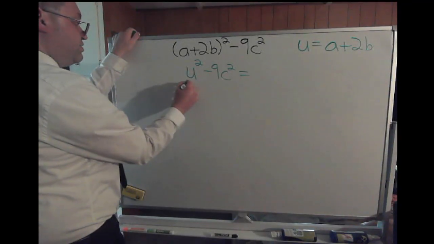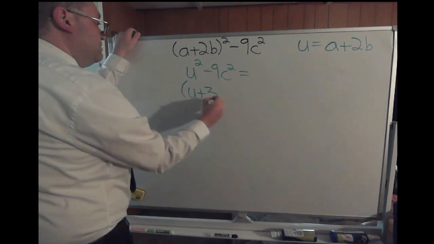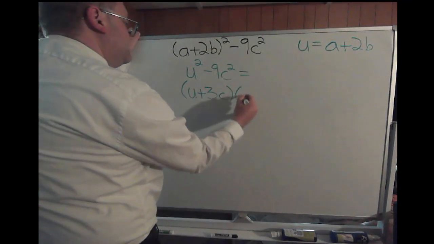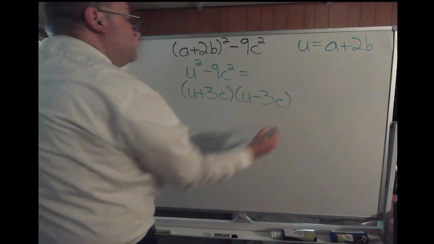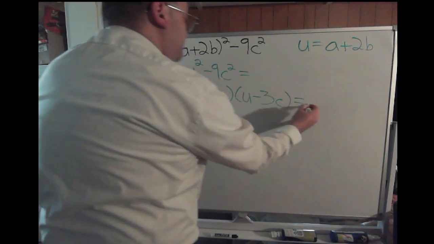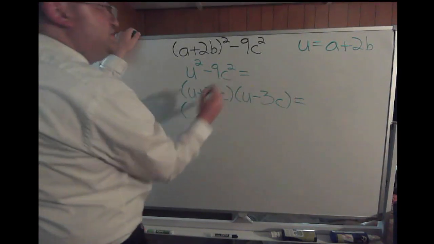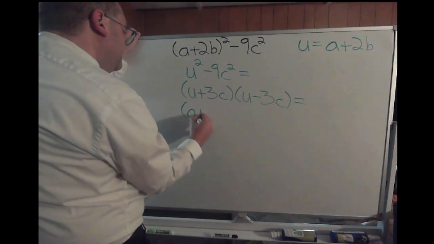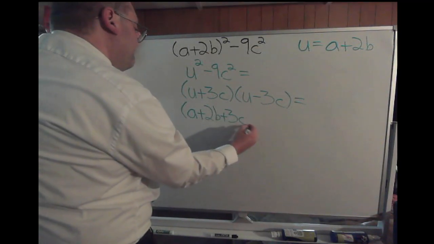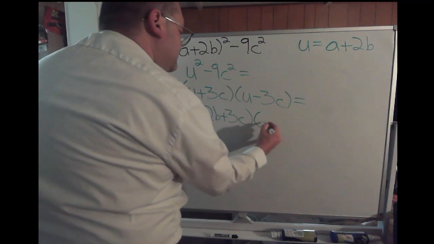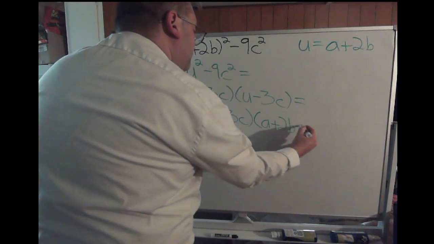So then to do that, of course, you'll get u plus 3c times u minus 3c. And then now you just put whatever that value for u was back in where u goes to get the original. U is equal to a plus 2b, so you'll get a plus 2b plus 3c, that quantity times a plus 2b minus 3c.